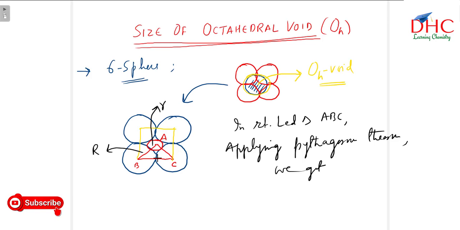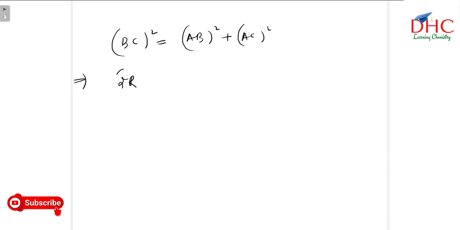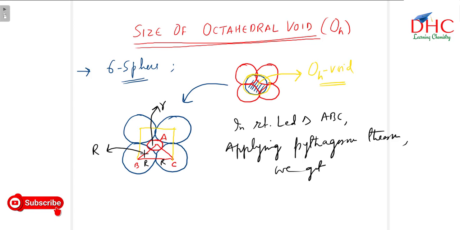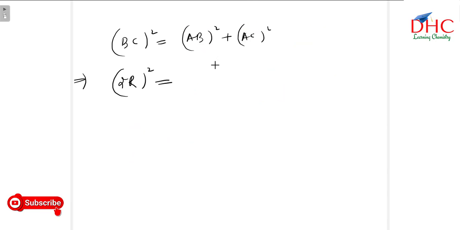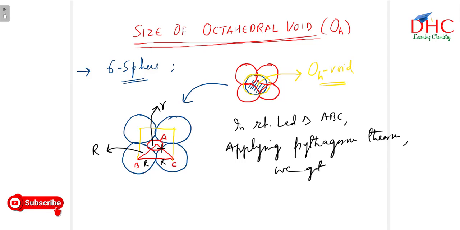This implies BC is basically equal to, this is R and this is R, R plus R is basically 2R, so we have (2R) whole square, and AB is basically this R and this small r, that gives you (R plus r) whole square, and AC is also (R plus r) whole square, that you can see from the picture. AC is R plus this small r.